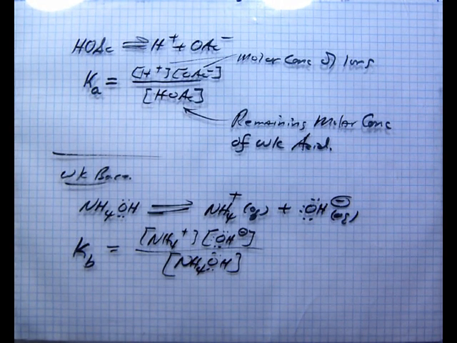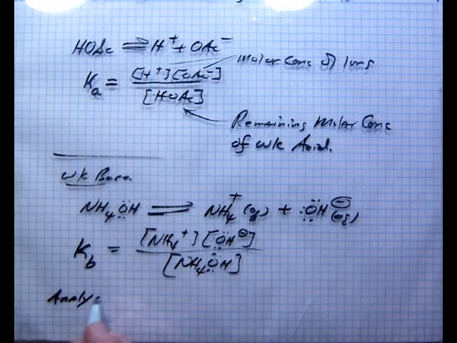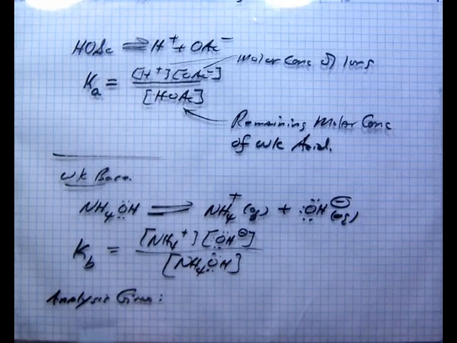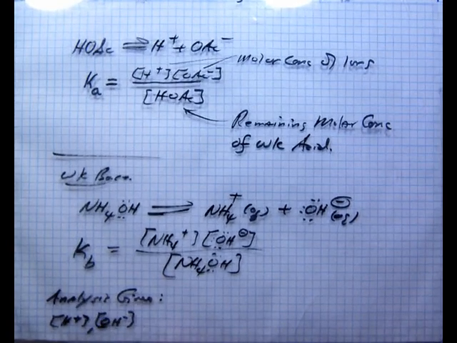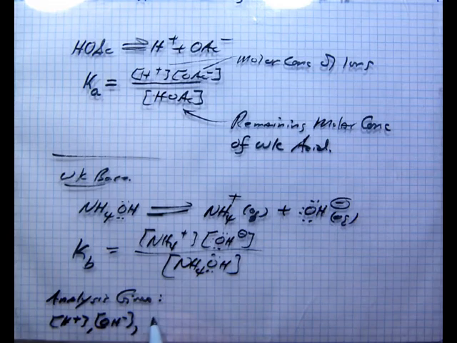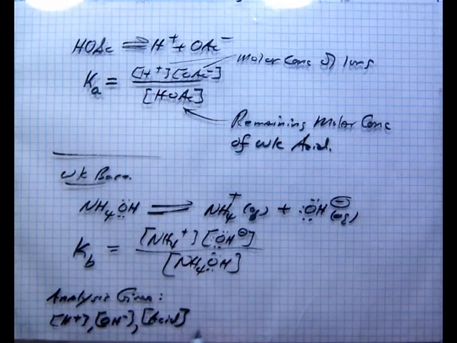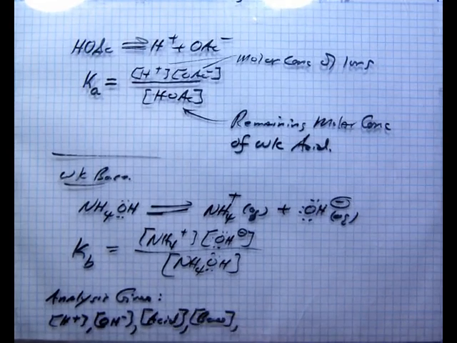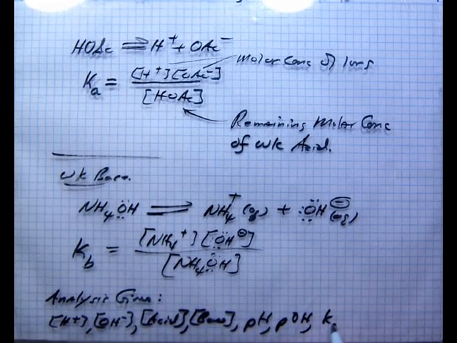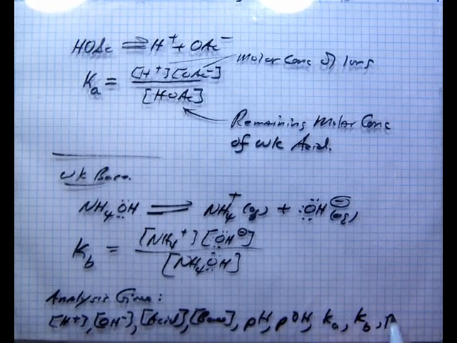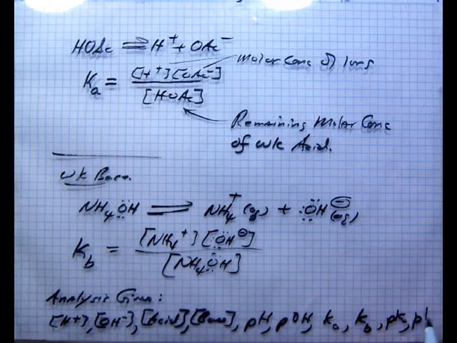What can be determined from this in the laboratory from information like this are a number of issues. Analysis gives hydrogen ion concentrations, hydroxide ion concentrations, molecular concentrations, base concentrations, pH, pOH, Ka values, Kb values, pKa's, and pKb's.